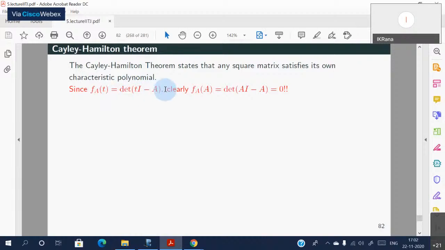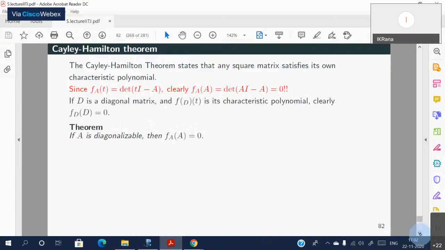One can naively say that if I replace T by A, then it is A minus A, which is equal to 0. That is not what we are looking at. f_A(T) is a polynomial in T. If you replace T by A in that polynomial, then that equation is satisfied.